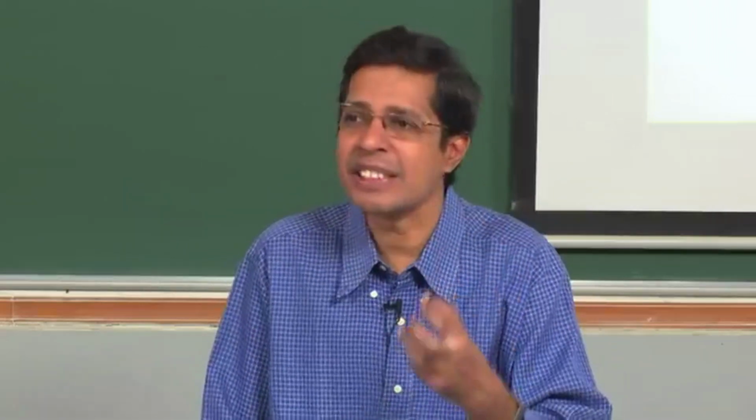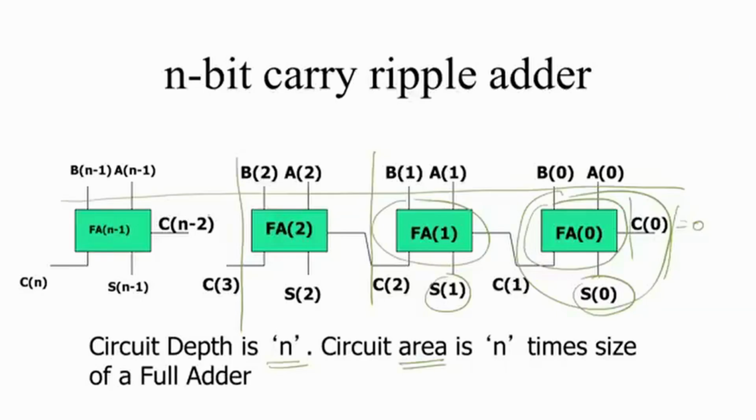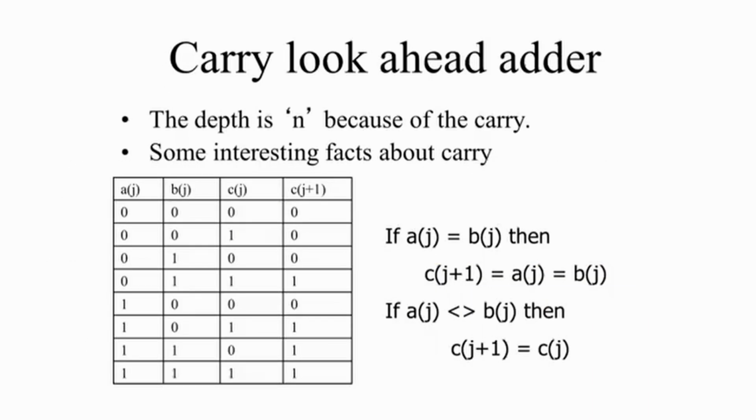So I need very fast additions inside my circuit. This is a practical example where this n is unacceptable to me for say a 128 bit addition.